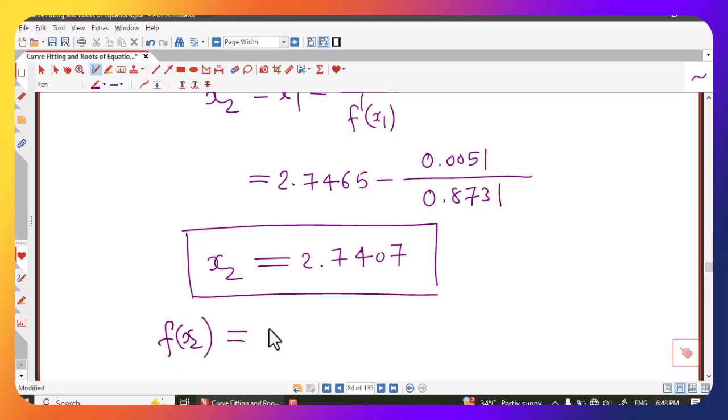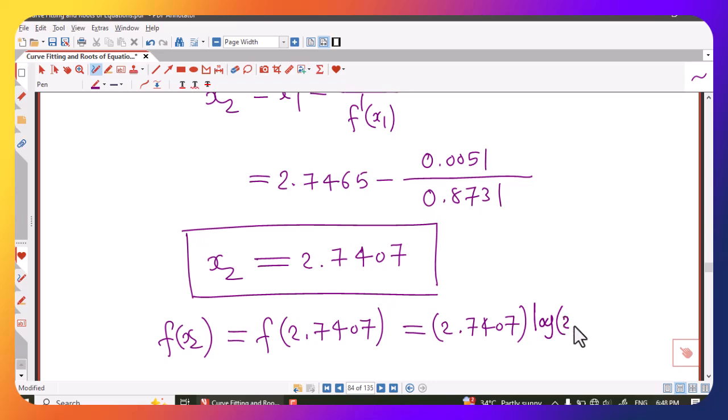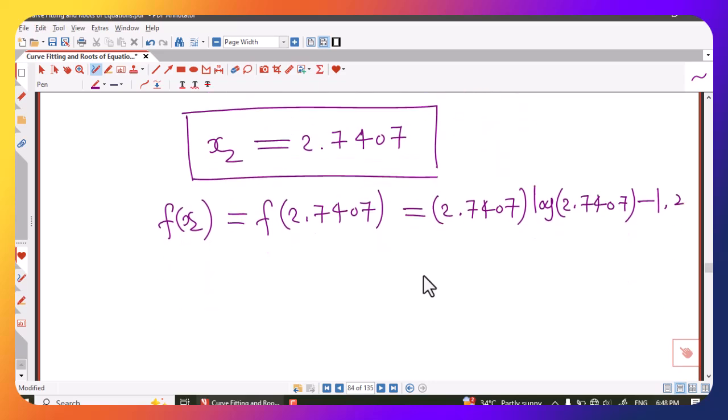So we have to calculate value of function at x2 now. F of x2, that is f of 2.7407. Our function is x log x base 10. X means 2.7407. Log of x, that is 2.7407 minus 1.2. And if we use scientific calculator up to 4 decimal places, we find that value of function at x2 becomes 0.